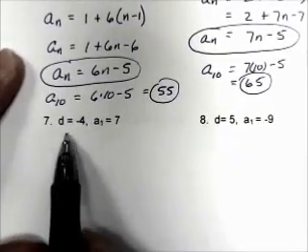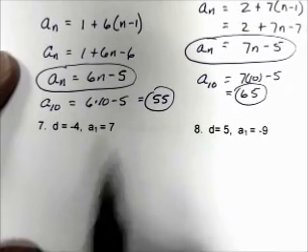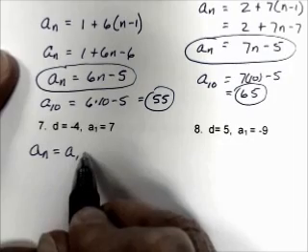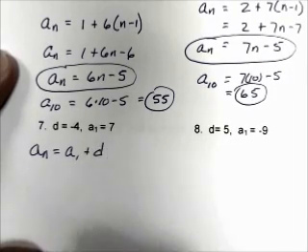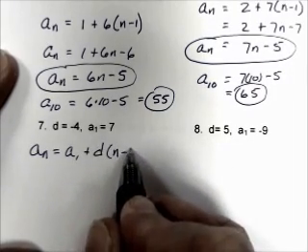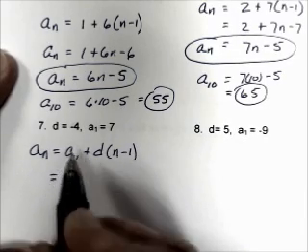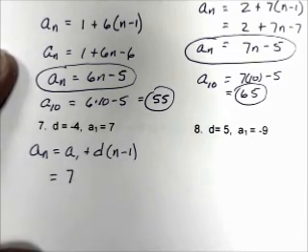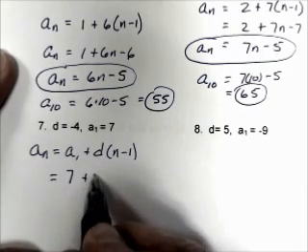Next, number 7. We have d is negative 4, a_1 is 7. We're coming up with the rule. a_n equals a_1 plus d times n minus 1. Now substitute in. a_1 is 7, so replace a_1 with 7, d with negative 4.